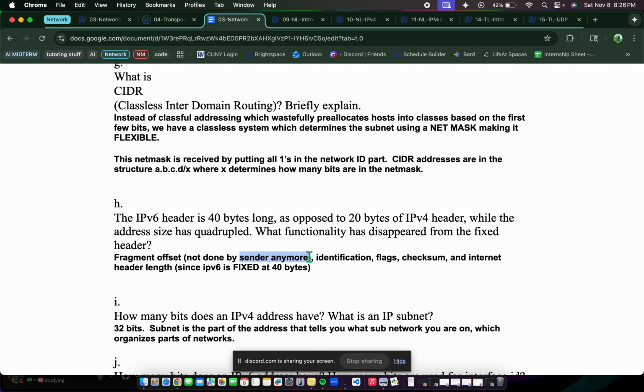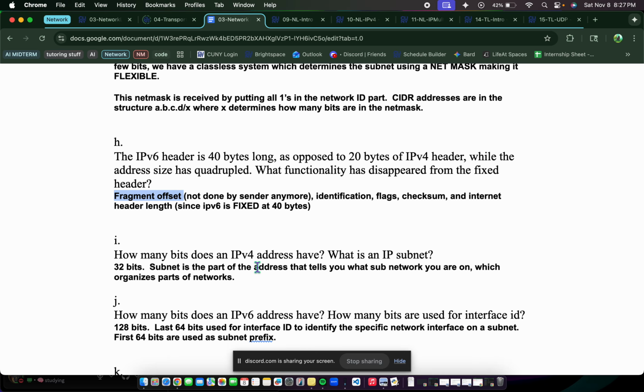So the key is, we make the size a little bit larger, so hopefully we don't have to fragment as much. If anything, the fragmentation is done by the network, not by the sender. So we don't really need this fragment offset to be sent to us anymore.